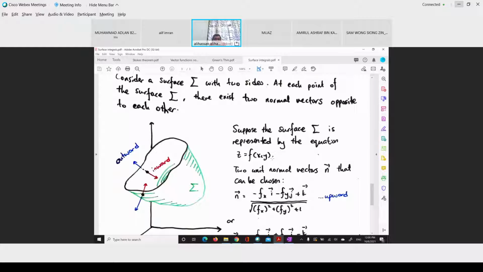Now suppose the fluid is no longer in the same direction as the normal vector n. What is the amount of fluid that has passed through the surface?